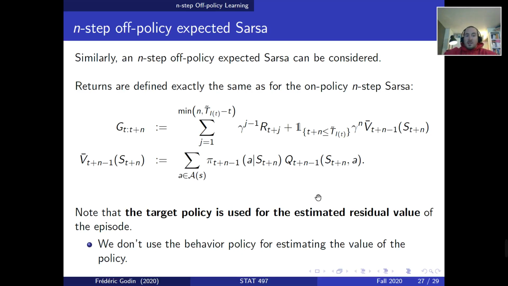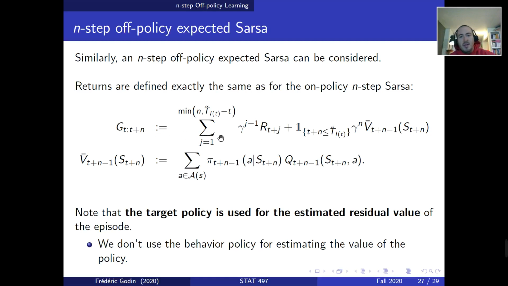And once again, you can do exactly the same thing for expected SARSA instead of SARSA. So you can have an n-step off-policy expected SARSA method, both in a prediction or a control setting. For the n-step off-policy expected SARSA, you can define the target exactly as you did for the on-policy n-step SARSA.